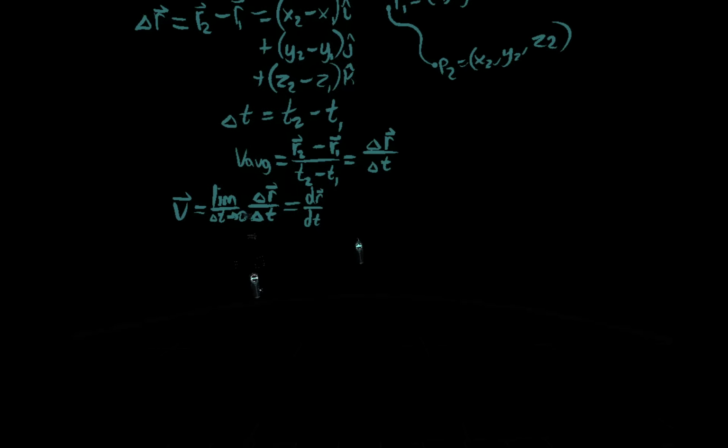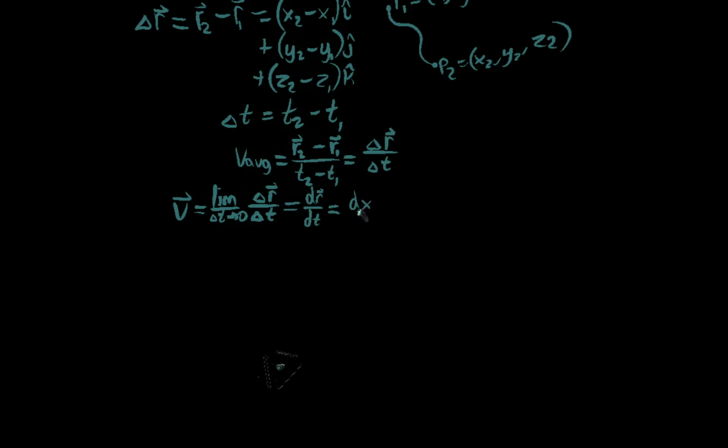Still a vector. And so, to take it one step further, since now we know that r is a position vector in 3 dimensions, dr dt can be broken up into its component derivatives, right?